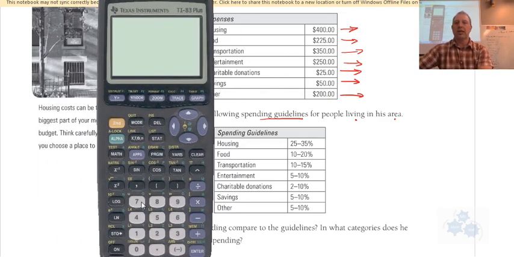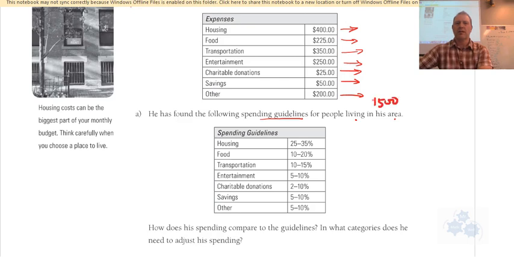You can get on your calculators as well and make sure this is looking good. 400 plus 225 plus 350 plus 250 plus 25 plus 50 plus 200. Did I miss anything there? 1,500 bucks. Everybody else get 1,500 bucks? All right, so that's the total.